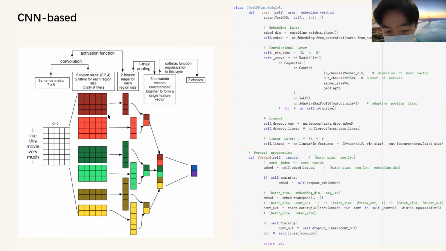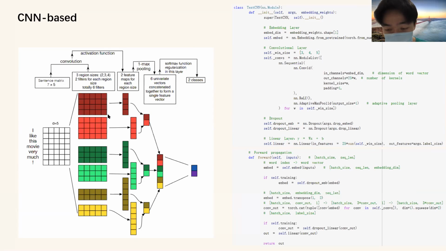These patterns could be key phrases that express a particular sentiment like, "I like this movie very much." Thus, CNNs have become one of the most popular model architectures for text classification.